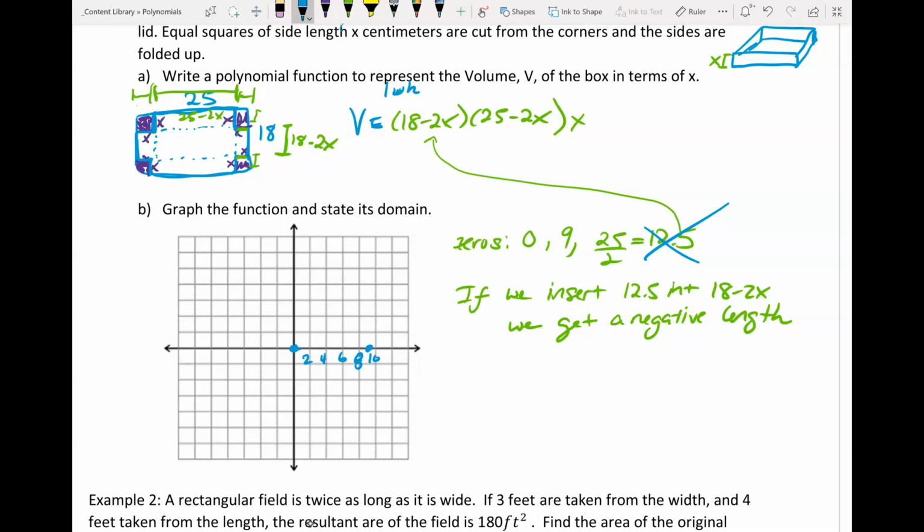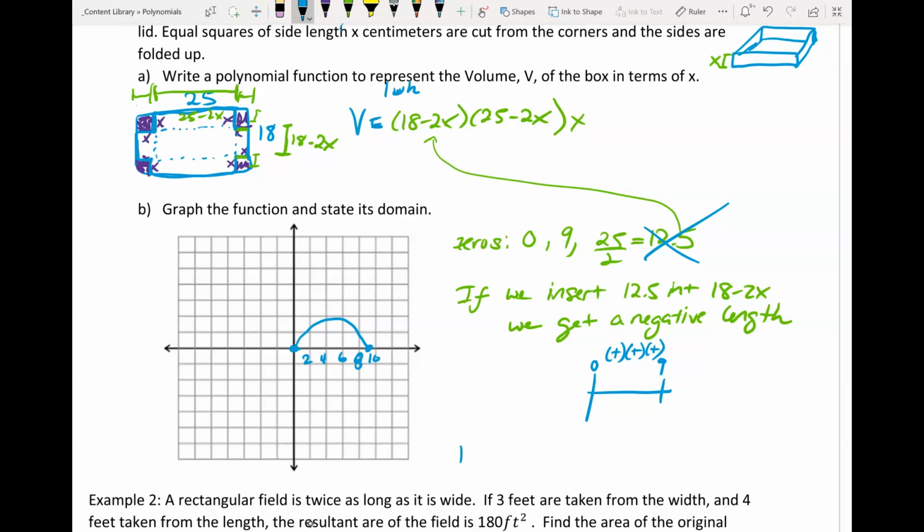So we can create a mini sign diagram from 0 to 9. And we can plug in any value in here. Let's just say 2 and see if it's positive or negative. It should be positive. So if we did 18 minus 2 times 2, that's positive. 25 minus 2 times 2 is also positive, and 2 is positive. So that means that this whole region here will be positive. And I don't really care about the scale because I just want to show the shape. So that would be it for our graph.